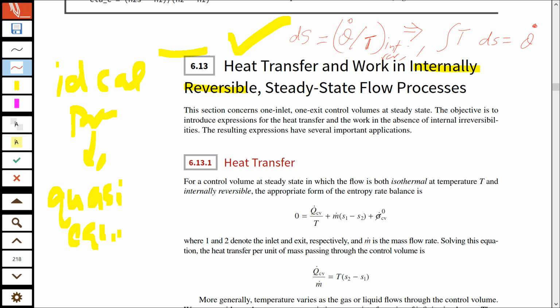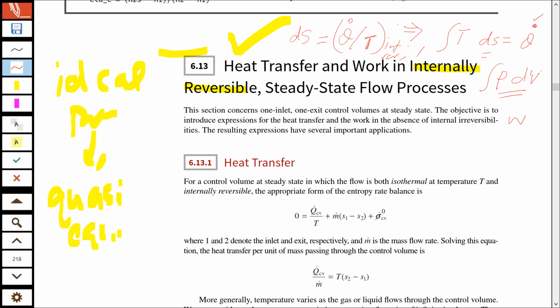Sorry, rate, because we are only integrating over S, so we will still have rate. Similarly, we have something, if you remember, for work transfer. So P dV, and if you integrate this, you will get work transfer.